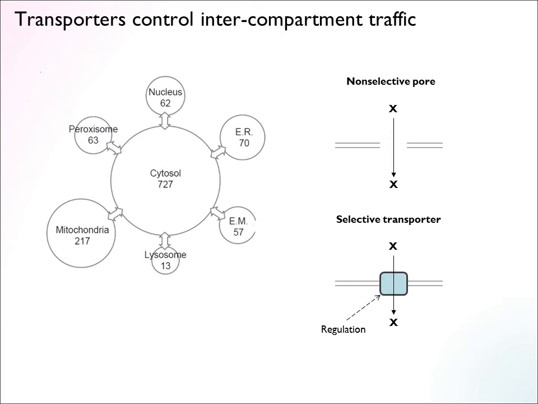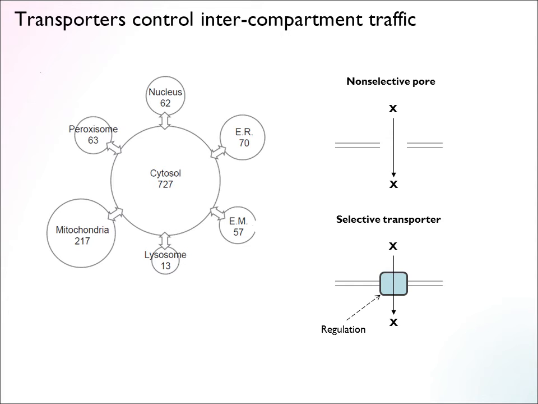First of all, in some cases we just have non-selective pores, just openings in membranes. The nucleus is one example, where you have the nuclear pores, which means that the nuclear environment is probably the same as the cytosol, at least with respect to small metabolites that easily go through these pores. So those two compartments are communicating pretty closely.